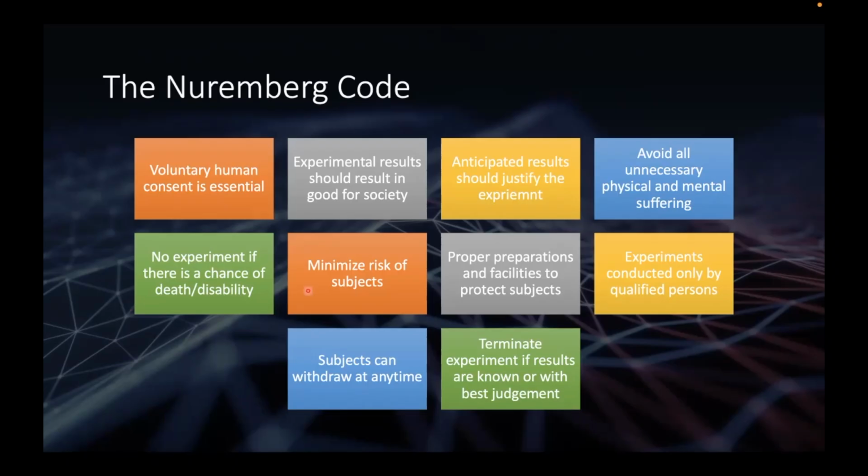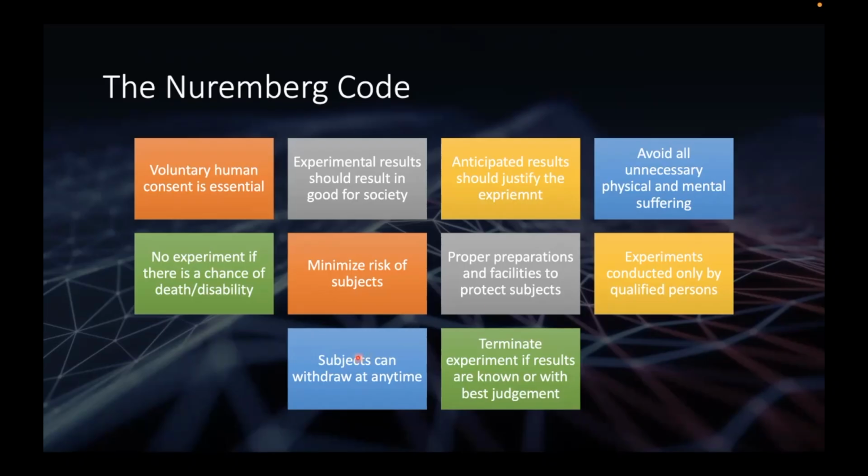The next principle is to minimize the risk of subjects, to facilitate the protection of all these subjects, and that experiments can only be conducted by qualified persons. Only those who have the qualifications, both academic skills and professional qualifications, should be the ones conducting experiments.